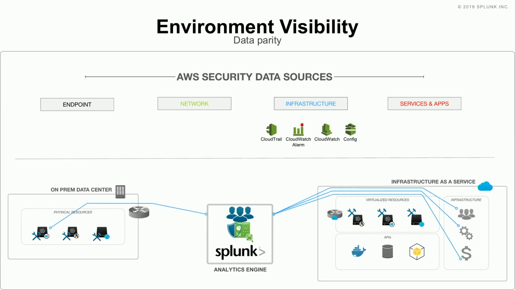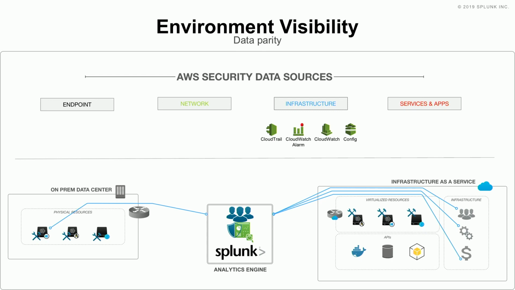Then, for infrastructure, here we're talking about underlying technologies such as your authentication, authorization, or accounting services, network access controls and policies, vulnerability information perhaps, and even service availability, think Nagios or Zabbix.